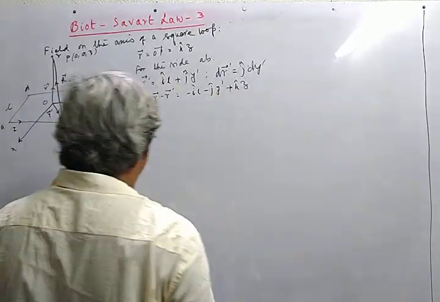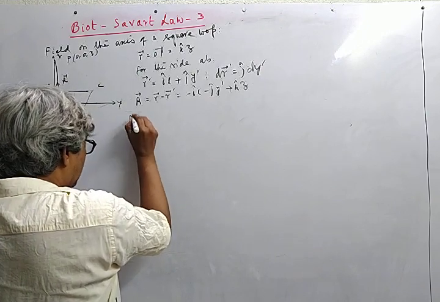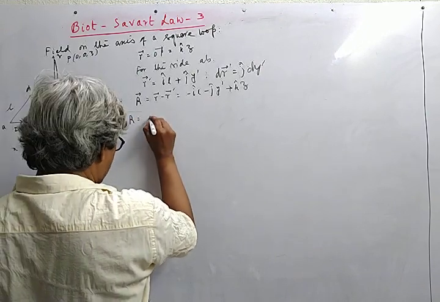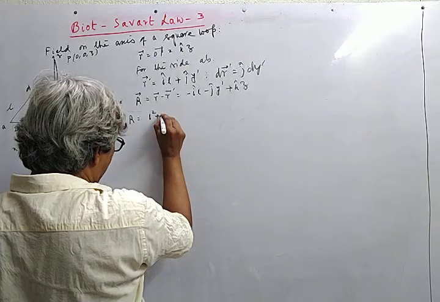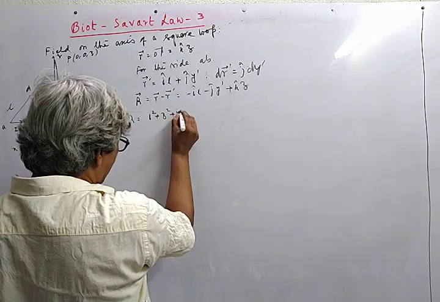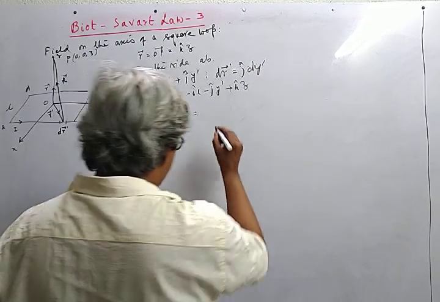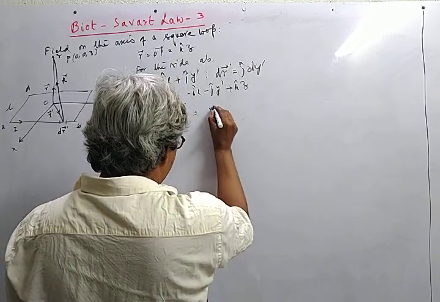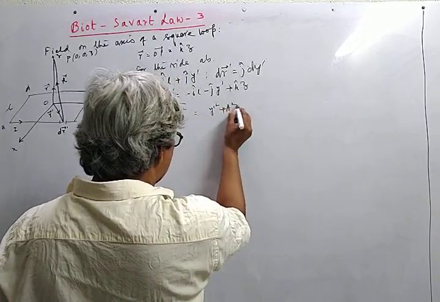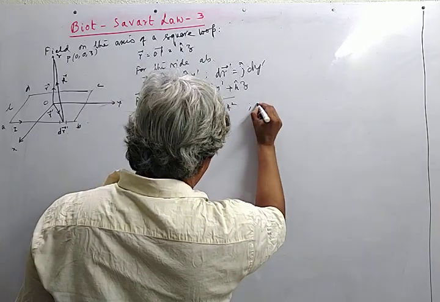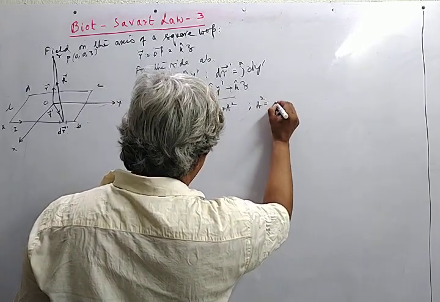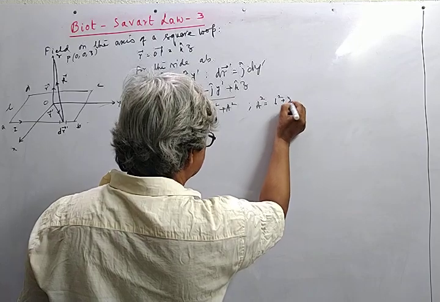If we want to find out the magnitude of R, this is L square plus z square plus y prime square to the power root, which we call y prime square plus a square, where a square has been introduced as L square plus z square.